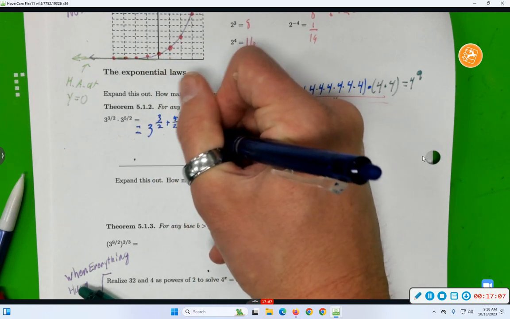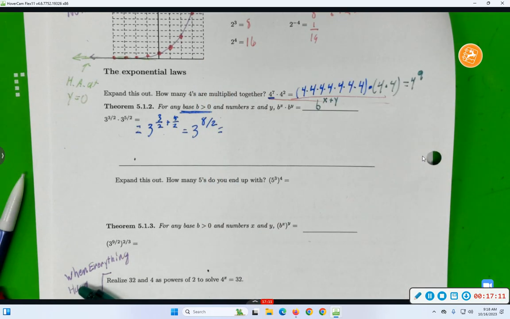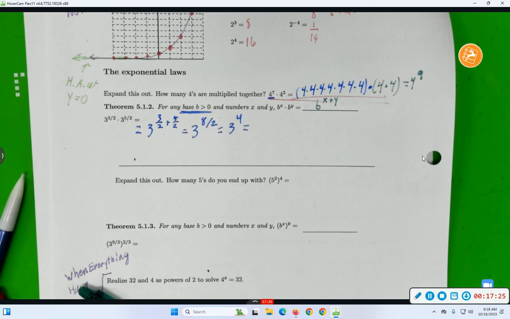And indeed, that's 3 to the 8 over 2. That's something we can keep on simplifying? Yeah, what's 8 halves? Yeah, but say it louder. Yeah, so it's 3 to the 4. Oh, cool. That's not even so annoying a number to compute.